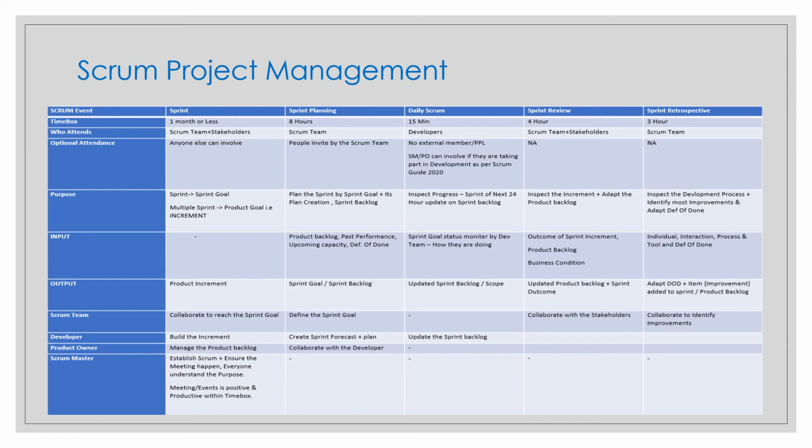So the sprint review: by the end of the sprint, the development team should have delivered a potentially shippable product increment. And when exactly does the sprint review take place? This sprint review is held at the end of the sprint to inspect the product increment and adapt the product backlog.